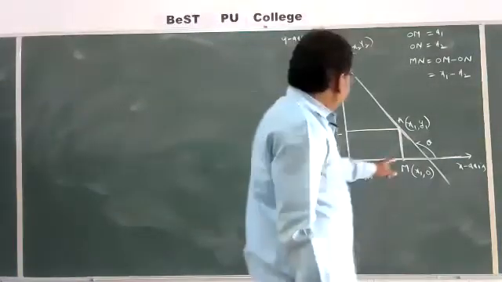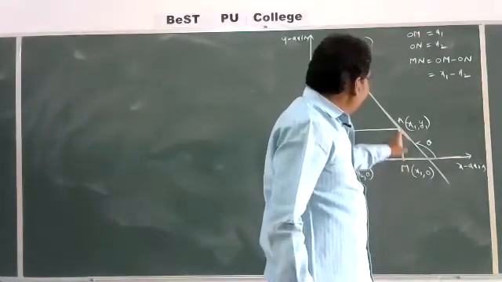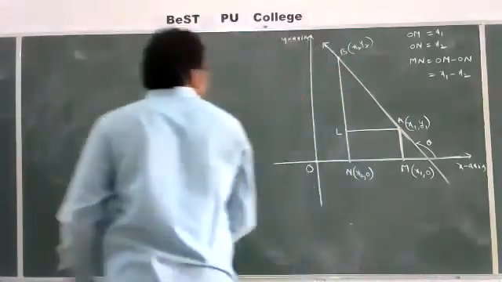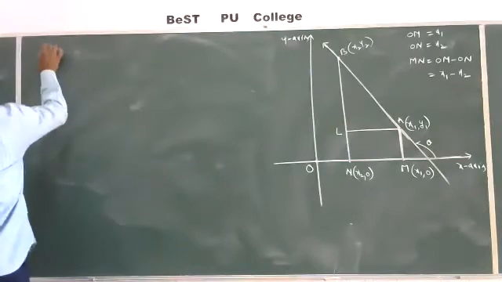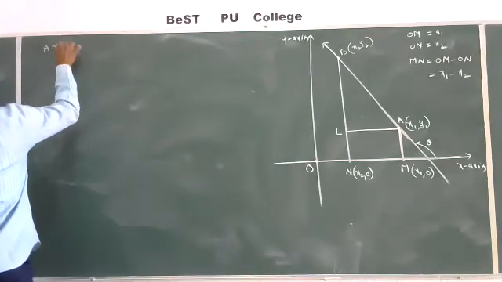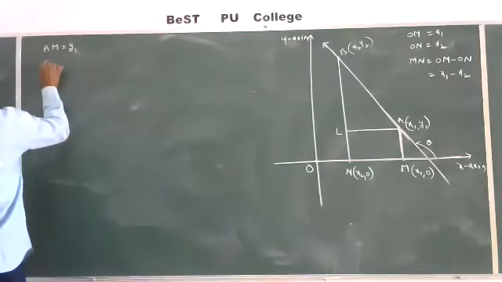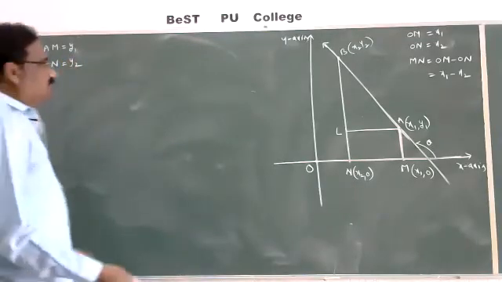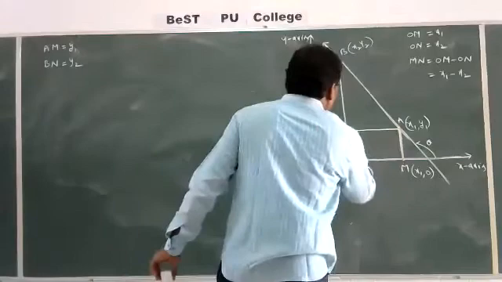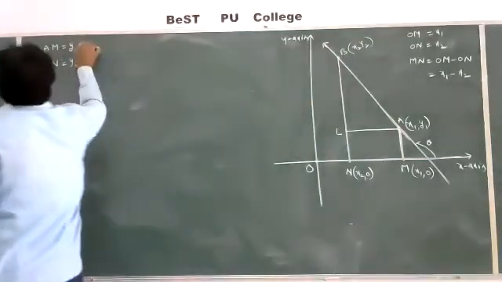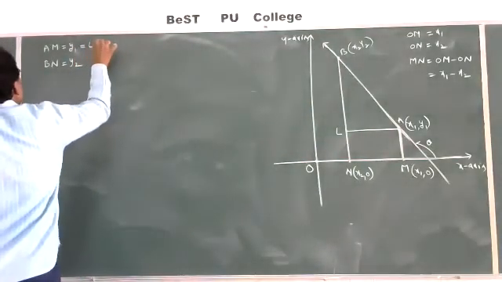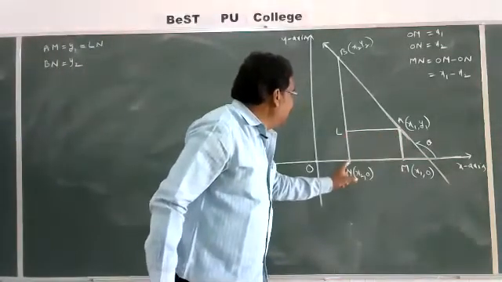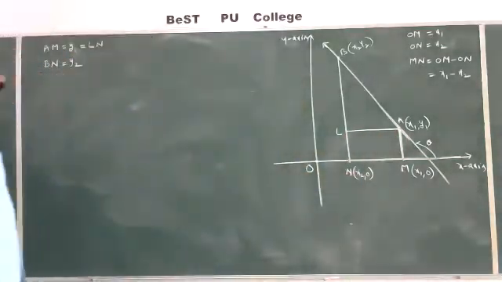Next, here AM length is y1, BN length is y2. So AM is equal to LN. AM length and LN length, both are the same.